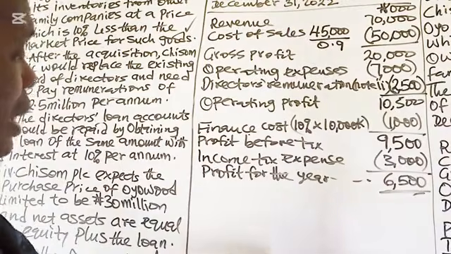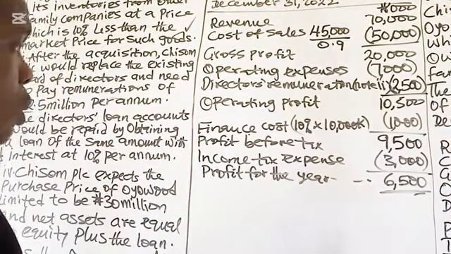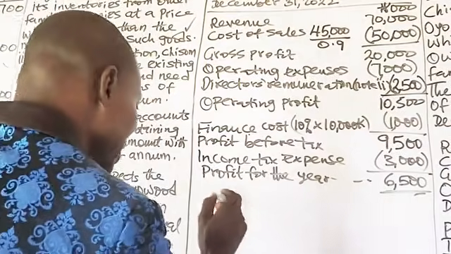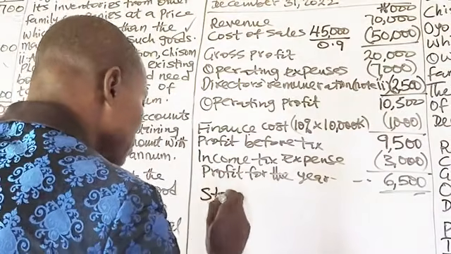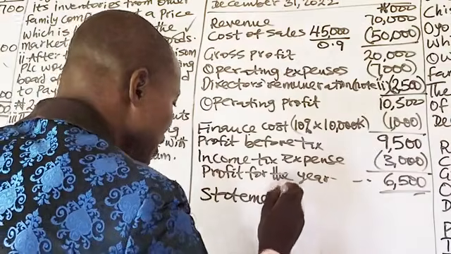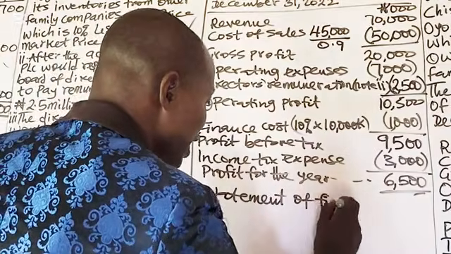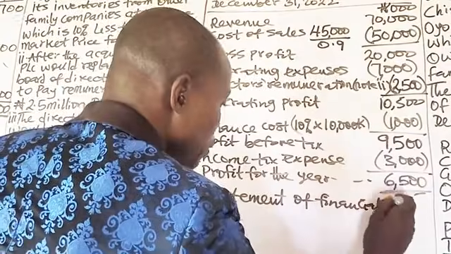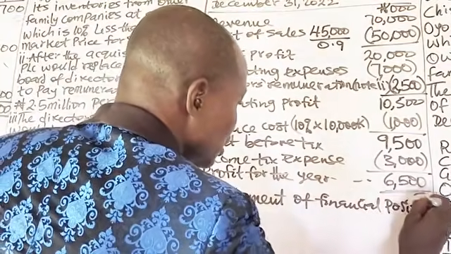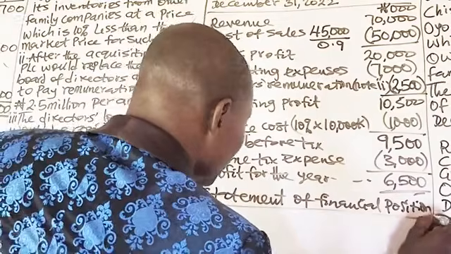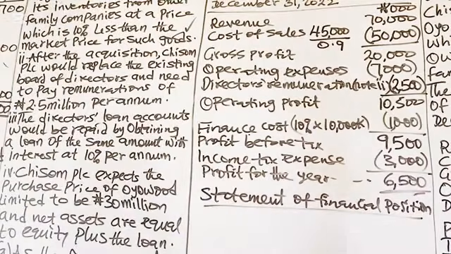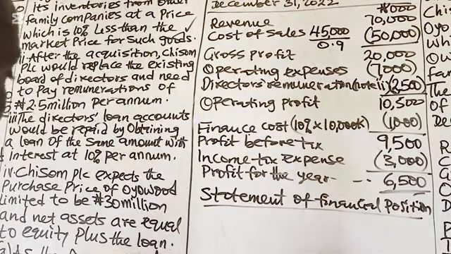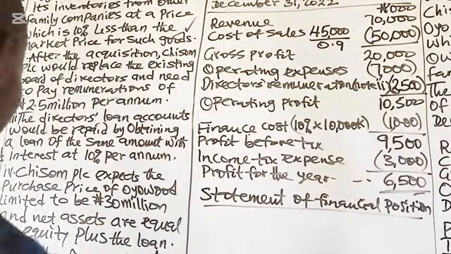Now that this has been calculated, what will be the statement of financial position extract on the basis of the information provided? If you look at the ratios given, we are given return on equity, so we will need the total equity.